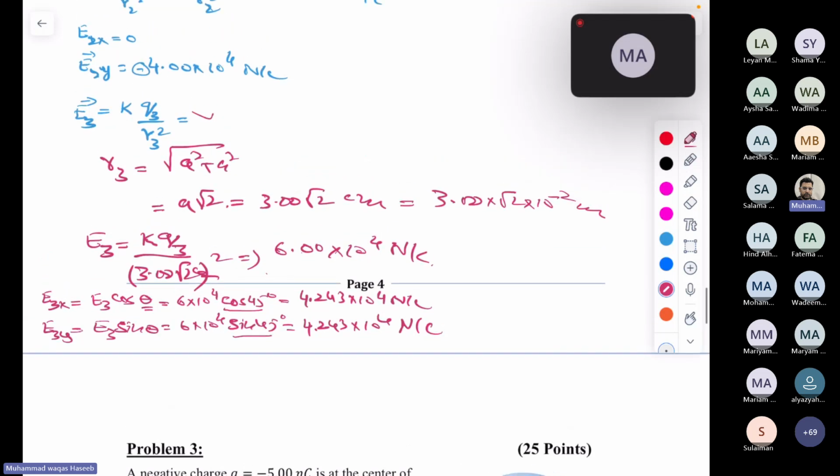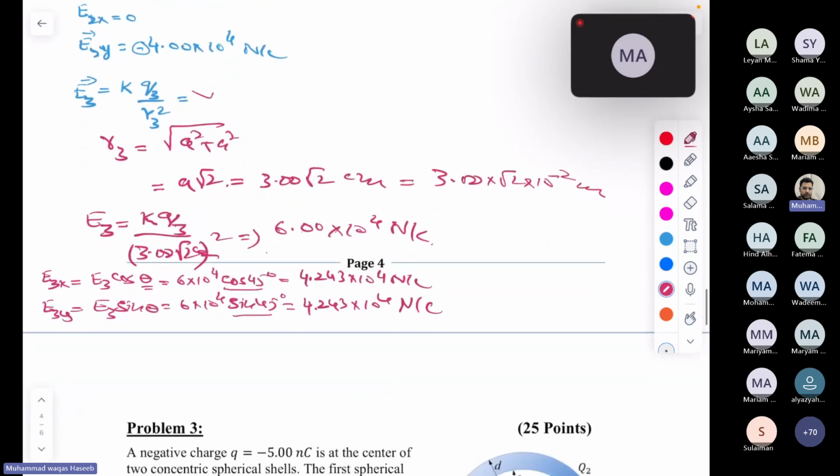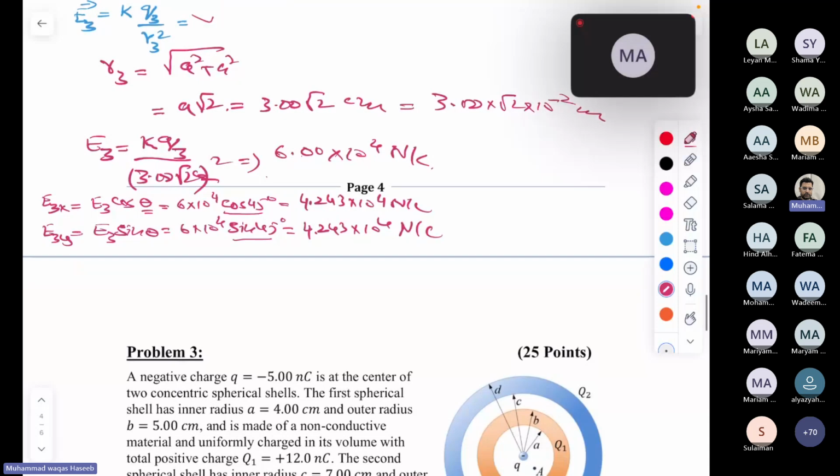Okay, now we have all the x components and the y components. So what is the total electric field along x? The total electric field along x is E1x plus E2x plus E3x.